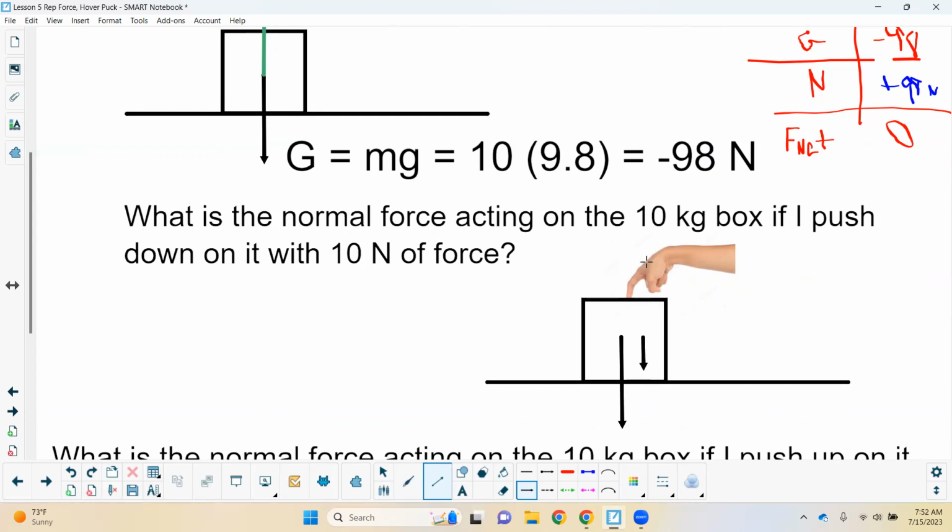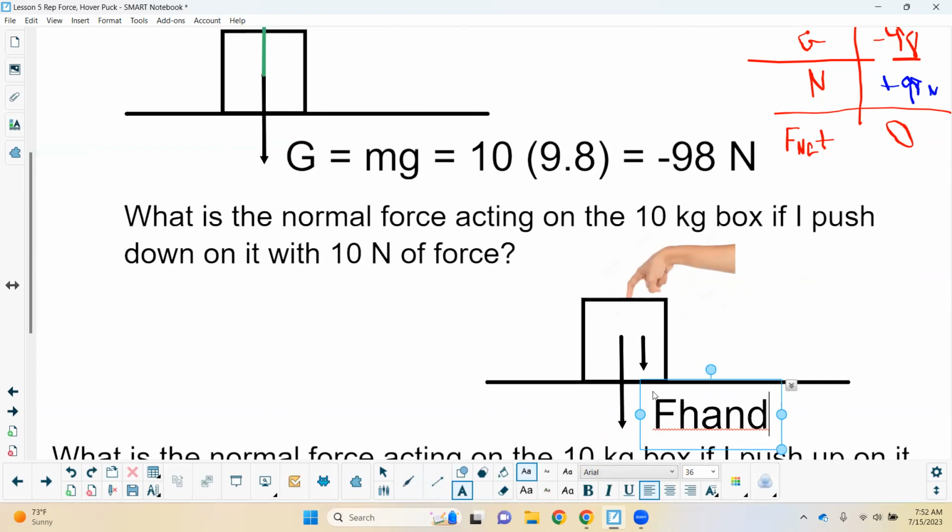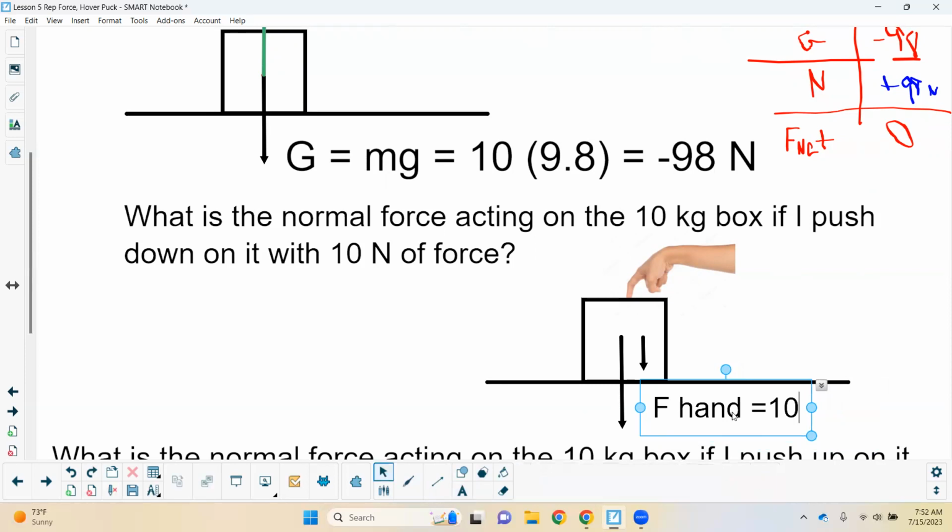So I have two forces going down, my hand pushing down on it, which I'll label force of hand. That's equal to 10. So we get the force of the hand pushing down, which is 10.